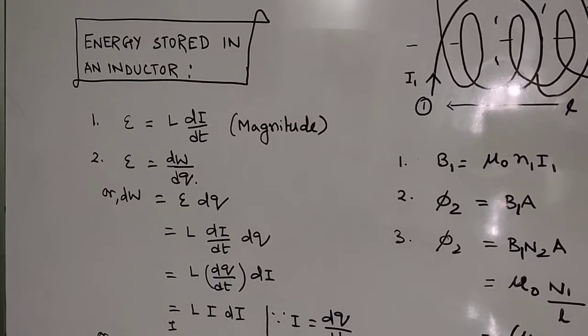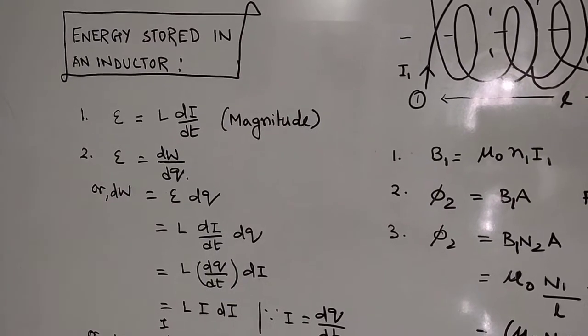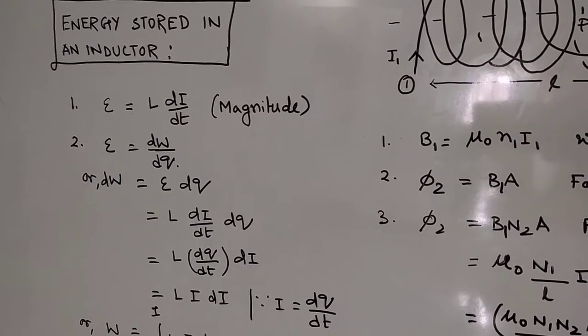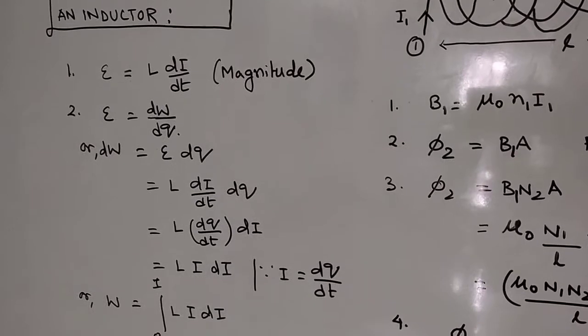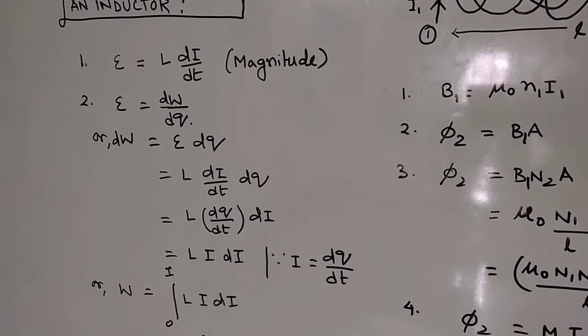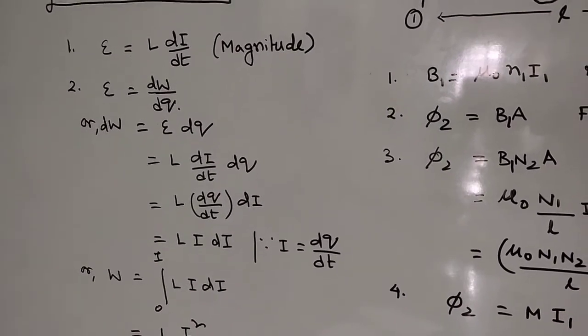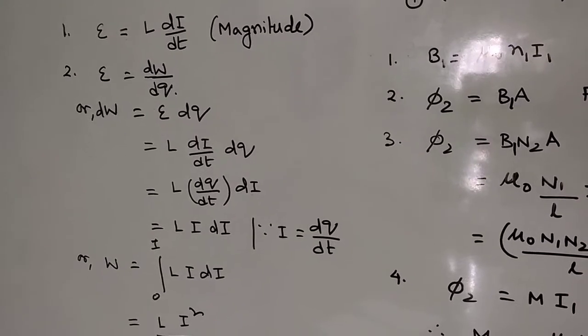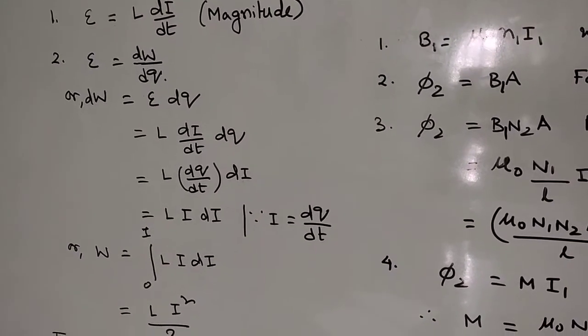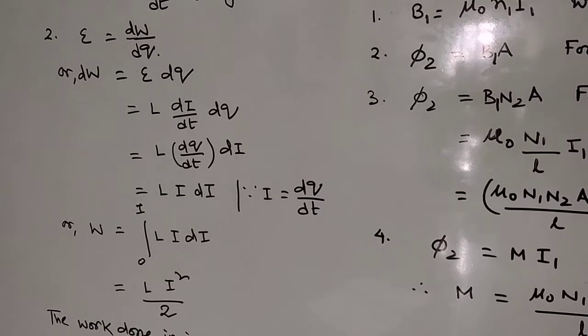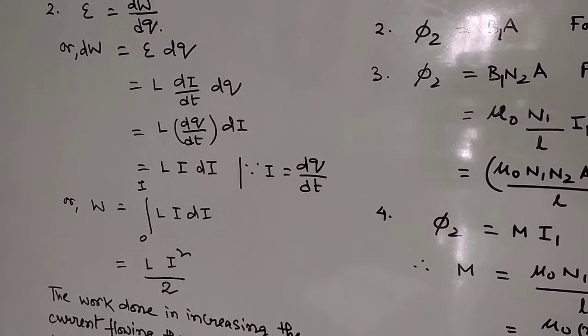So in place of E we are writing L di by dt times dQ. So L dQ by dt di. dQ by dt is your I, so L I di. So if we have to find the total work done, then we have to integrate with limits 0 to I, L I di. So it comes out to be L I square by 2.